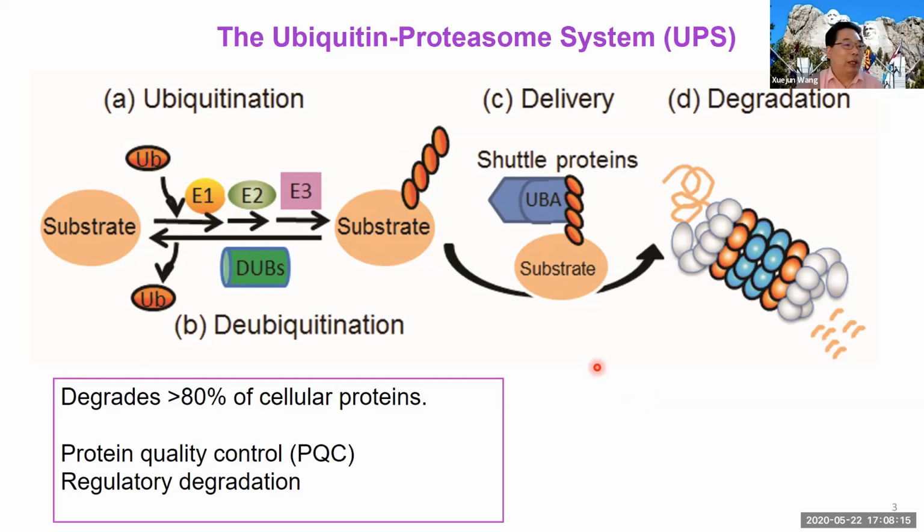The second is so-called regulatory degradation, through degradation of perfectly normal proteins that have already done their job and are no longer needed. Through regulatory degradation, the UPS regulates virtually all cellular processes and functions.